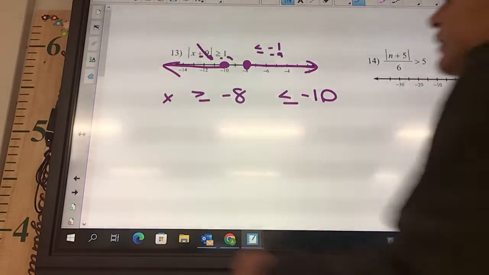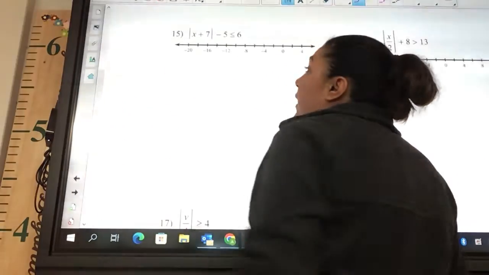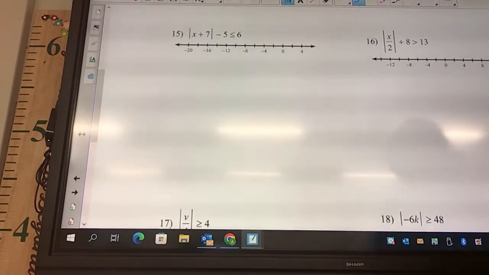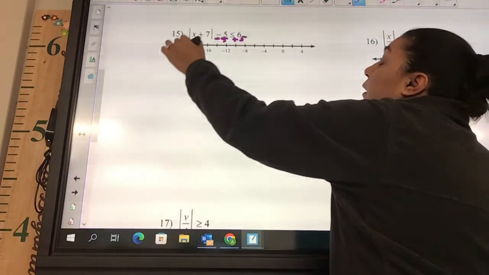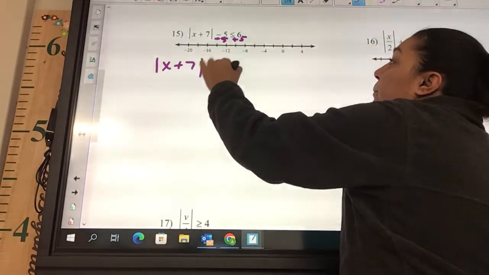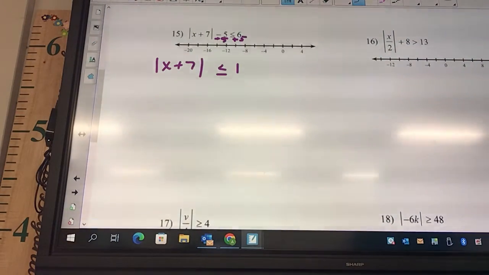Okay, 15. Is there stuff outside the bars? Yeah. So then we need to move that first. So your first thing you need to do is what? Plus 5. Okay, so I'm going to get that x plus 7, and then I'm going to get 1. Now, are our bars all by themselves?